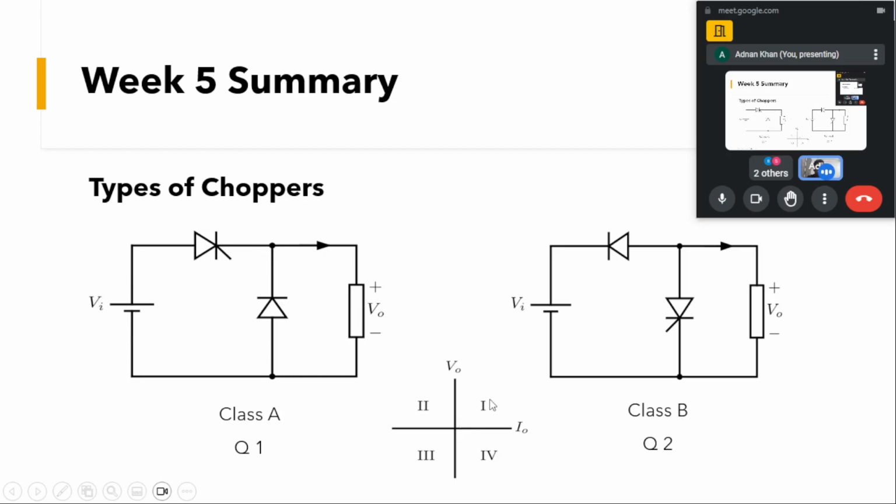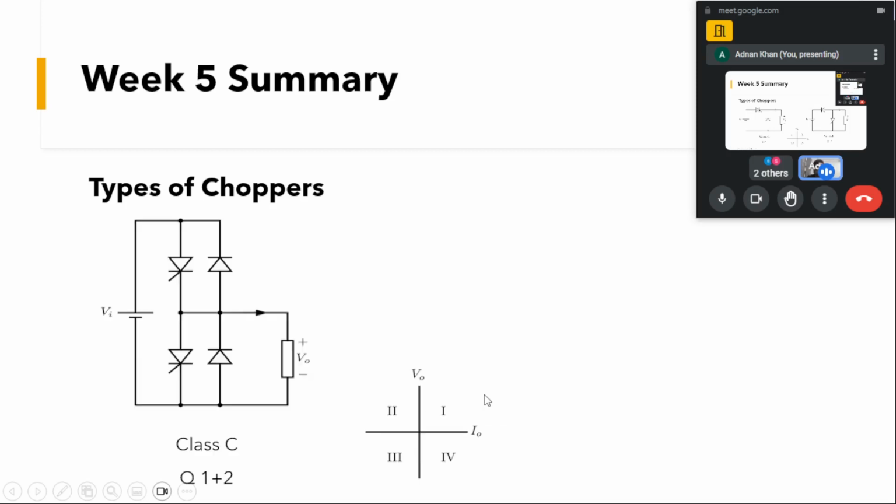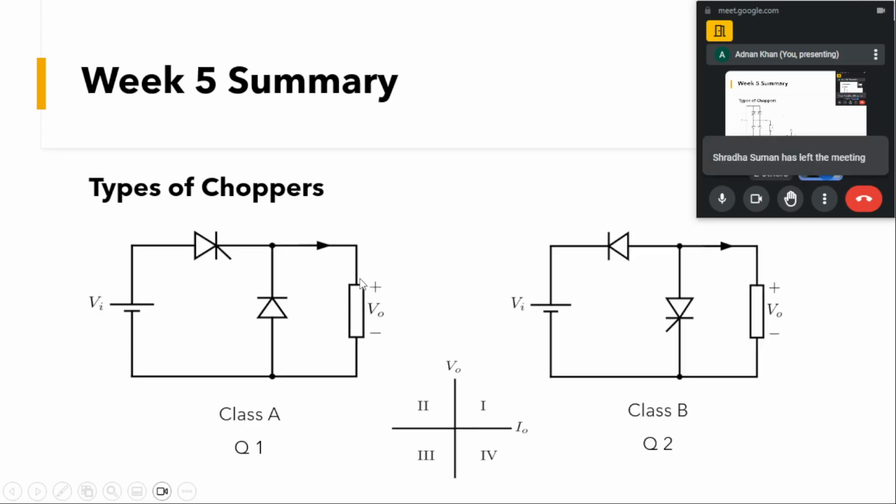It was able to operate in the first quadrant. So with this SCR and this diode and this load connected across it, we have the class A chopper. And with this SCR and this diode, we have the class B type of chopper, where we have a positive voltage at the output, but the current in this circuitry is negative.